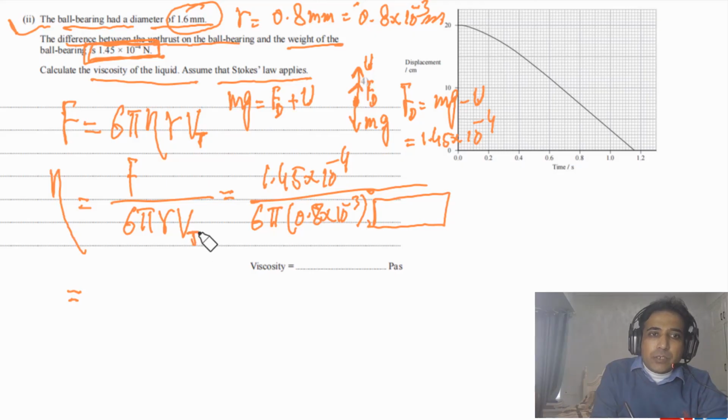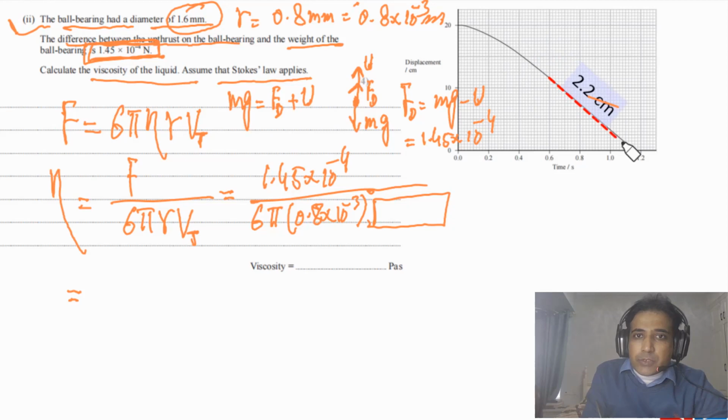So this one is the terminal velocity, and here we have a displacement against time graph, and the gradient of this is equal to velocity. We have already discussed this is a straight line, so the gradient of this line is the velocity.